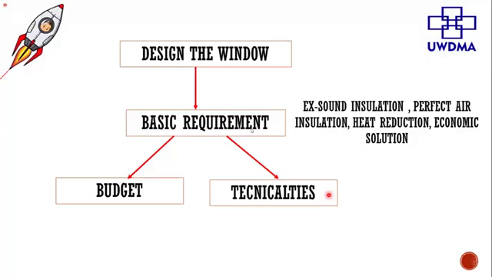They need UPVC windows for namesake, so they can say my flat has UPVC windows, and they have to sell those flats to the client. After that, whether the windows are performing or not, the hardware is coming out, the sash is falling, that doesn't matter to them. So for this type of client, budget is more important. They are very price conscious and they want economical windows.